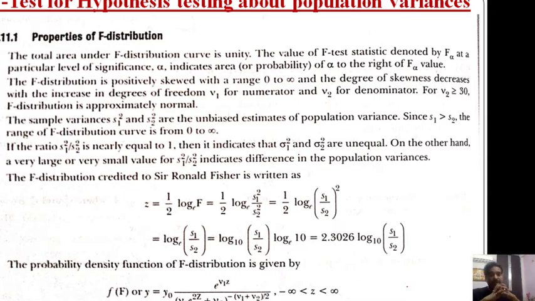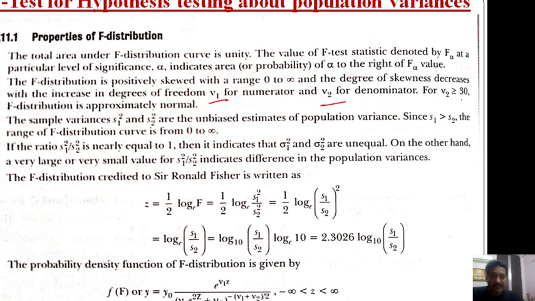Here also we have to calculate degrees of freedom, because here we test the variances of two populations. So always here there are two types of degrees of freedom, one from the first sample and second from the second sample. The first sample's degrees of freedom is denoted by small v1, as you can see here. This v2 is the degrees of freedom from the second sample.